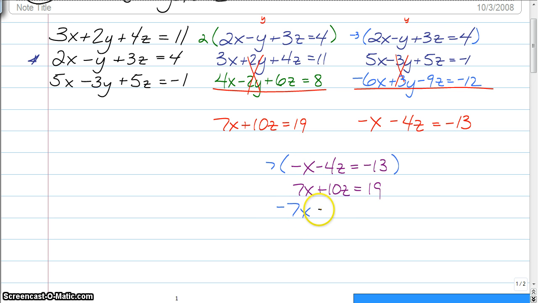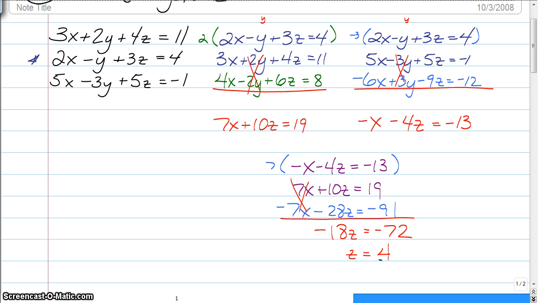So we have a negative 7x minus 28z is equal to a negative 91. Okay, and now our x's are going to go away. That's going to leave us with a negative 18z is equal to a negative 72. So that means you just take your 72, you divide it by a negative 18, and that's going to give you z equals 4.